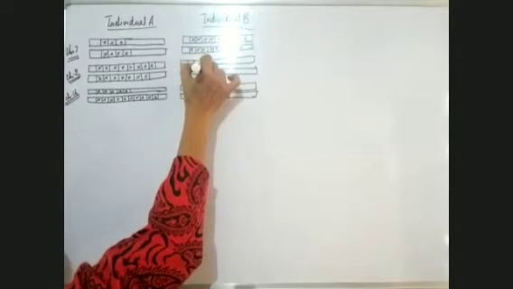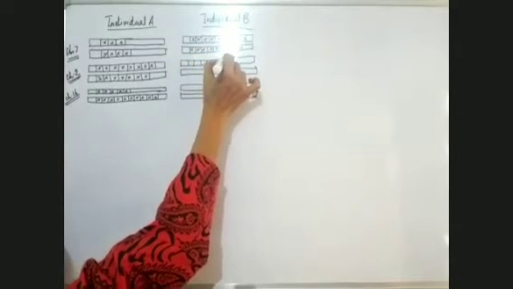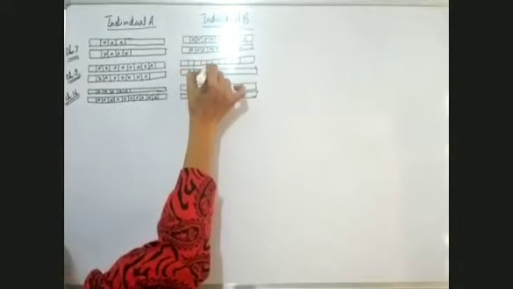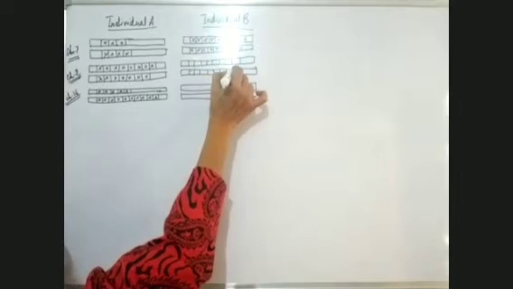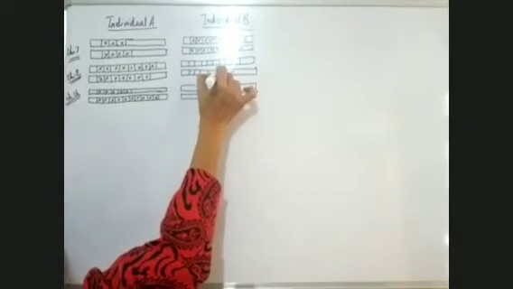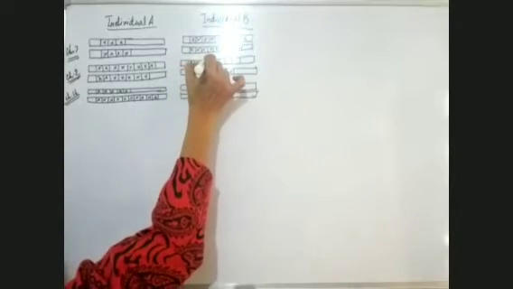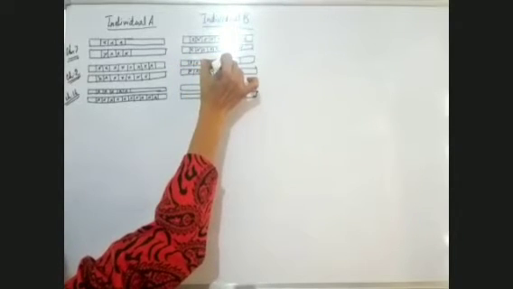The next we have 8 and 7: 1 to 8, and 1 to 7. That is 8 and 7 in chromosome 2 of individual B.